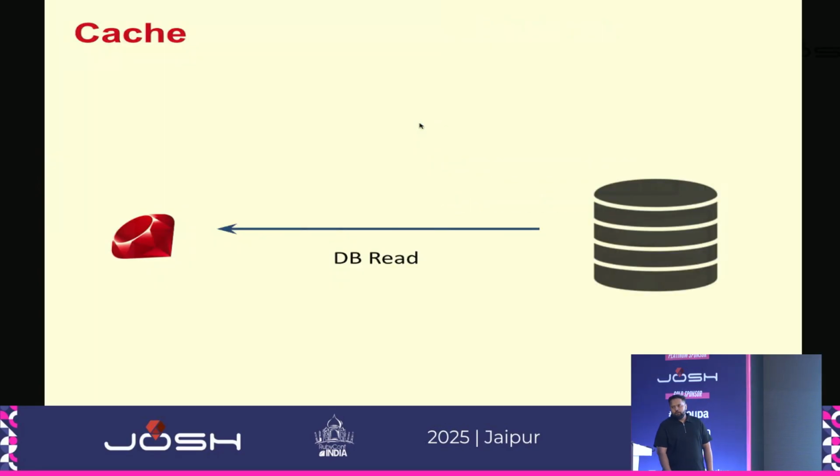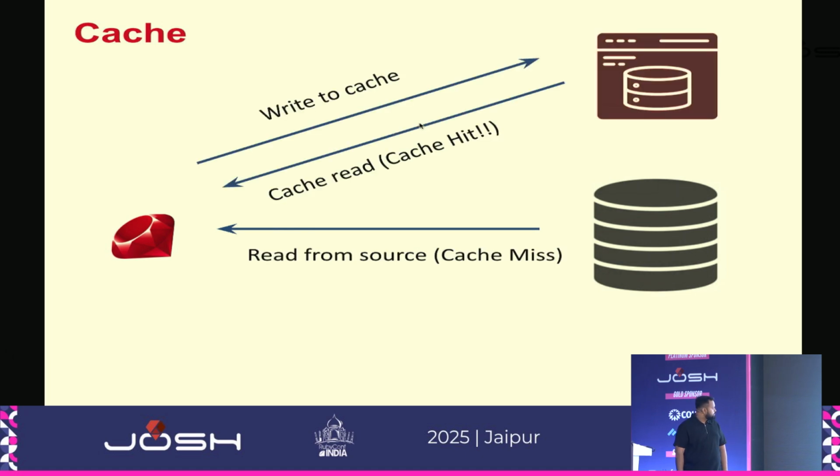So let's just talk about what a cache really looks like. Without the cache, this is what we have all seen at some point, right? You do something, you hit the database, and then you read from it. Let's look at it from a cache angle. How does it look when you have a cache in place?